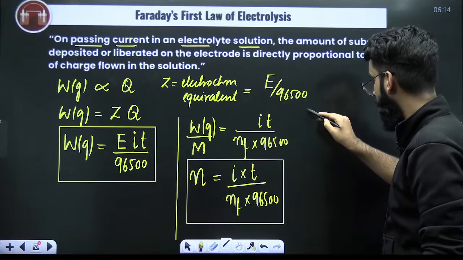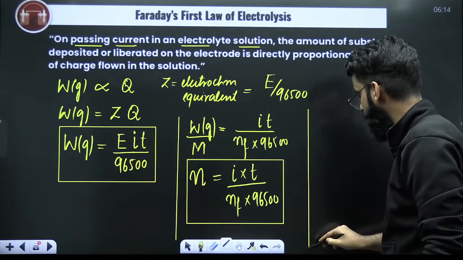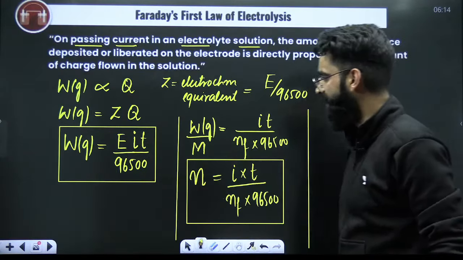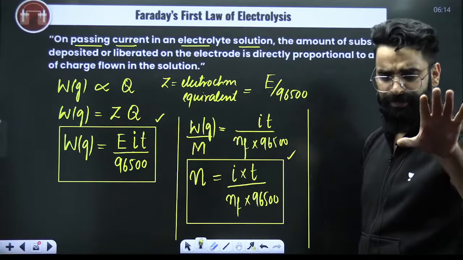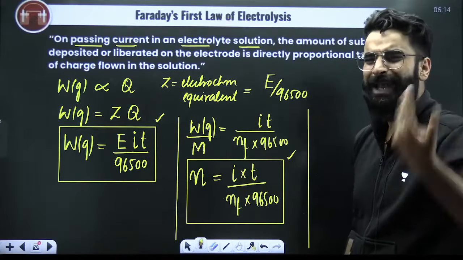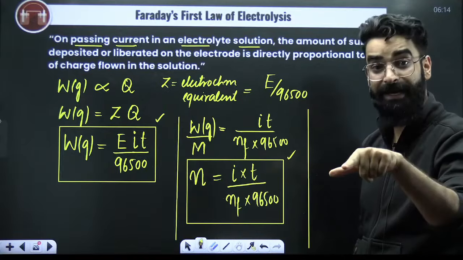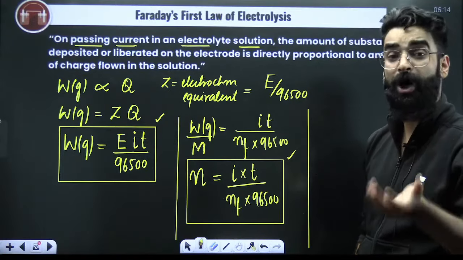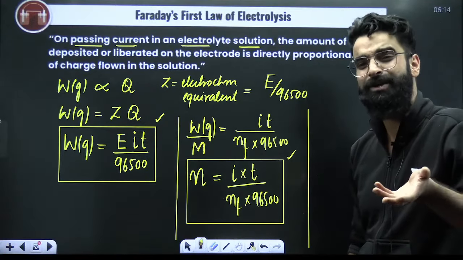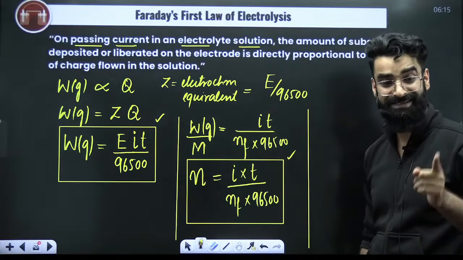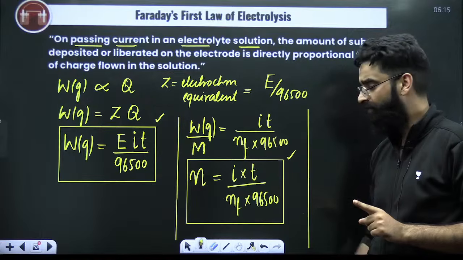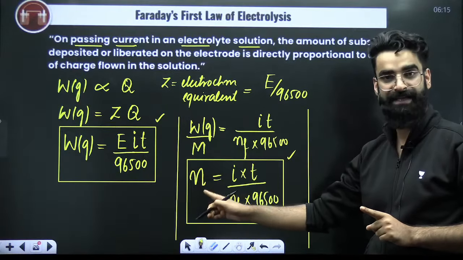Perfect. After this, my dear students, one more thing. For example, this was your question number 1. This was your question number 2. For example, if they ask you to calculate the volume of the gas liberated at STP, first of all, you will be calculating the moles of the gas liberated.